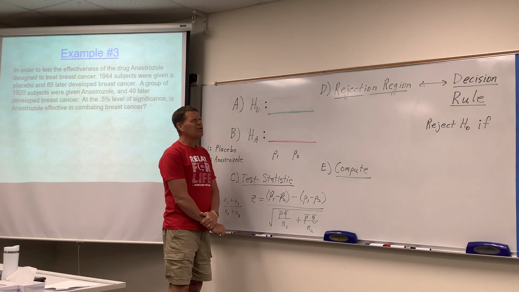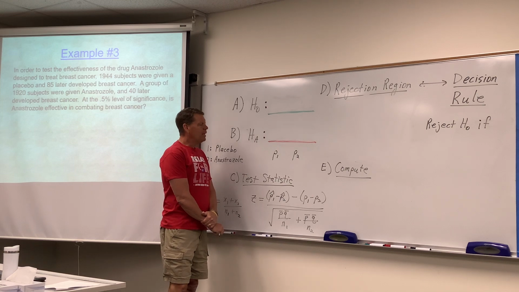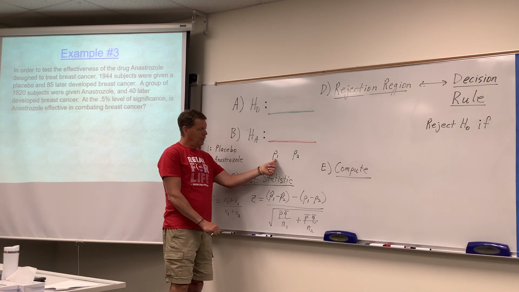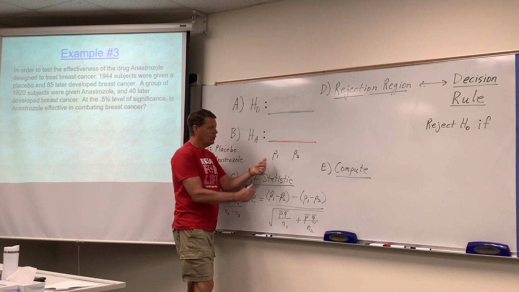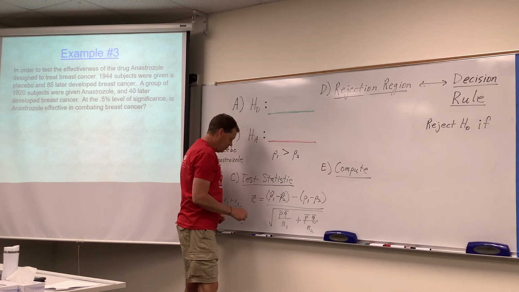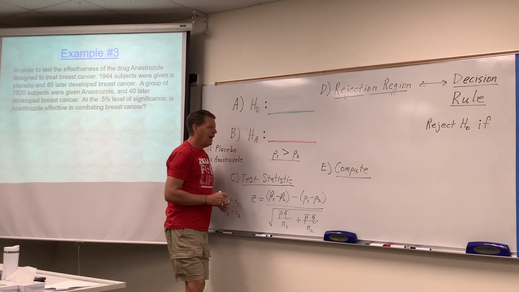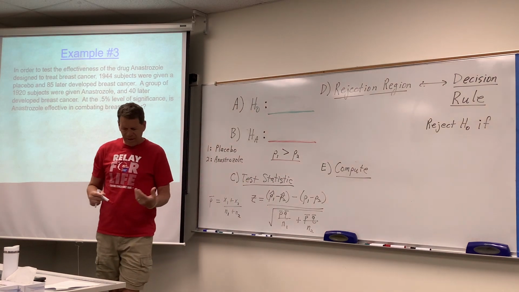So I know this can be a little tricky, but if you think about it, if that drug actually was effective, wouldn't the percentage of women who took the placebo and ended up with breast cancer be higher than the percentage of women who actually took the medication? That would prove that the drug was effective.